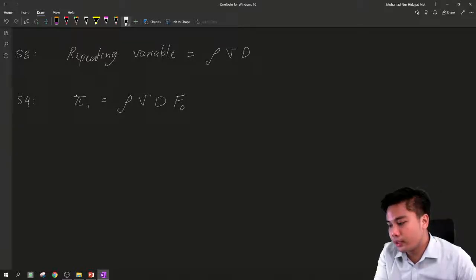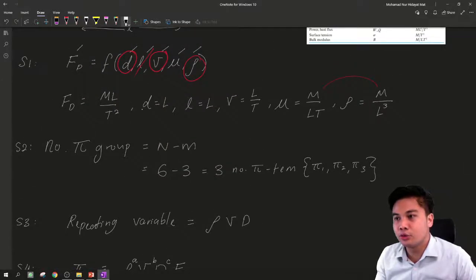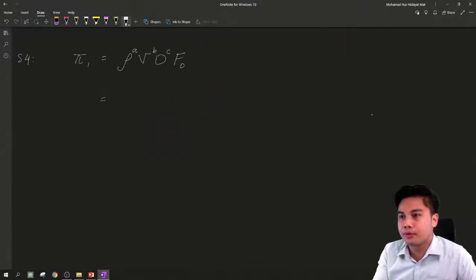Here we put a, this is b and this is c. Then for rho, we just replace rho here with m over l cubed.